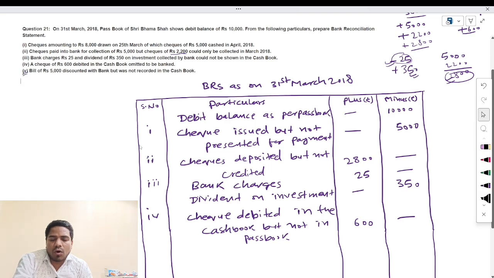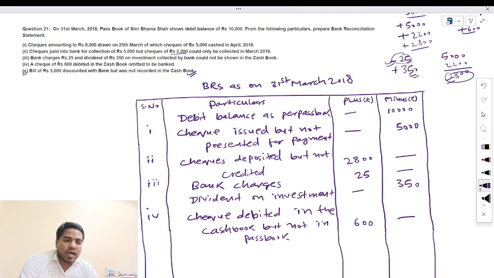Now come to the next transaction, which is a bill of rupees 5,000 was discounted with bank but not recorded in cash book. You had discounted a bill of 5,000. It means in the passbook you had already recorded the 5,000 amount, but it was not recorded in the cash book. Then what do we have to do? We cannot record in the cash book now.